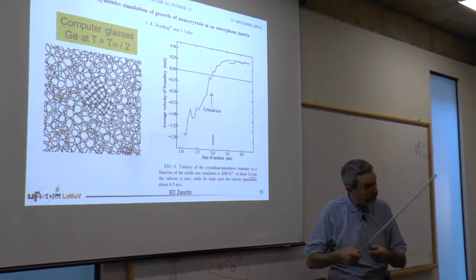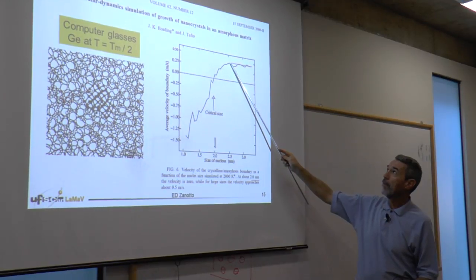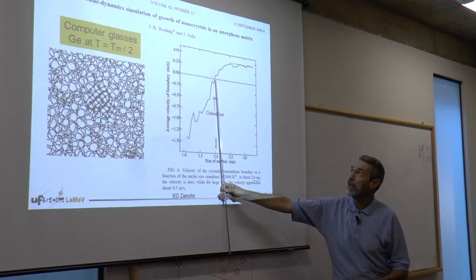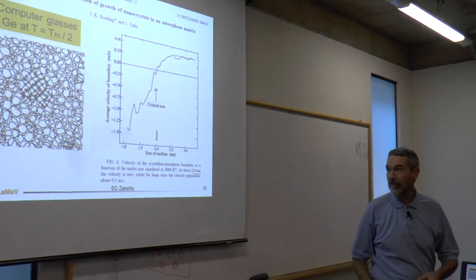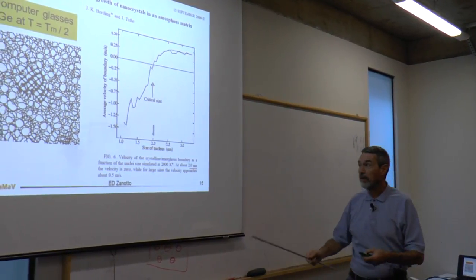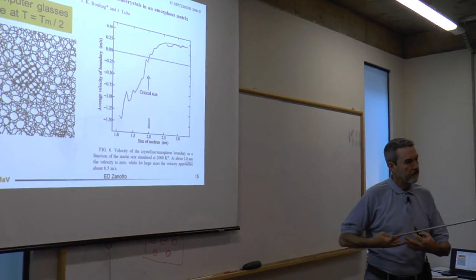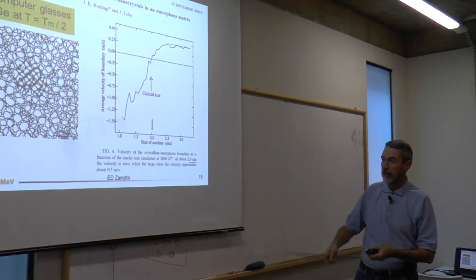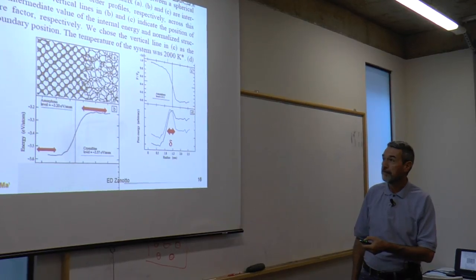This is a proof that they dissolve back. For larger sizes, the growth rate is positive, so this is the critical size. The growth velocity is 0 for the critical size. This was one of the first proofs, although this is coming from simulations, it's not a real experiment, but showing the concept behind the nucleation theory.